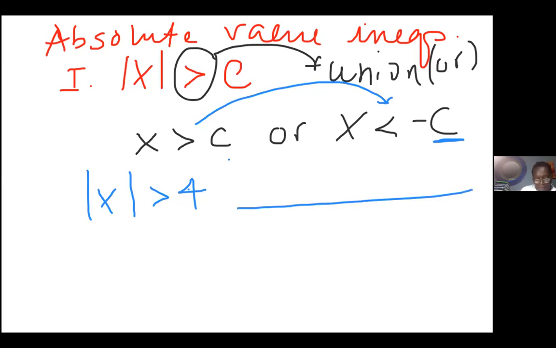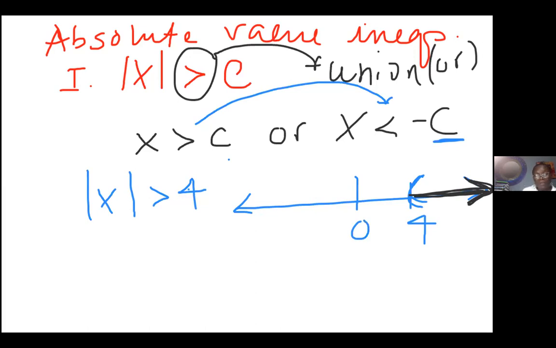So if I were to go to the number line, guys, and I ask you, what numbers have a distance of more than 4 units from 0 on the number line? That would be everything greater than positive 4. Let me use a different color here. Everything greater than positive 4 would be all the numbers that have a distance of more than 4 units from 0 on the number line.